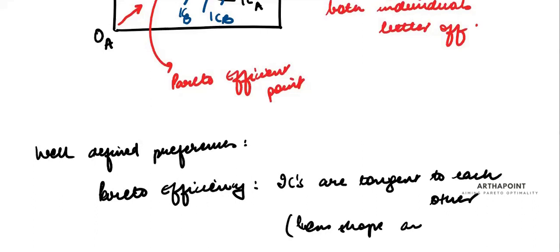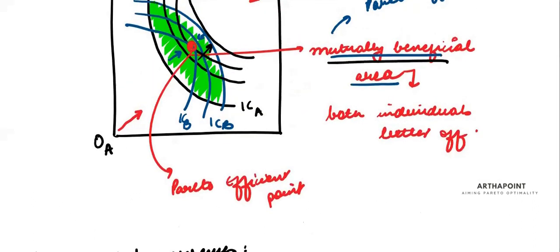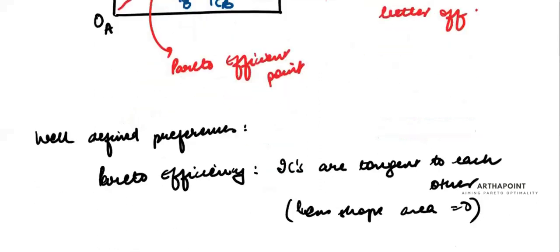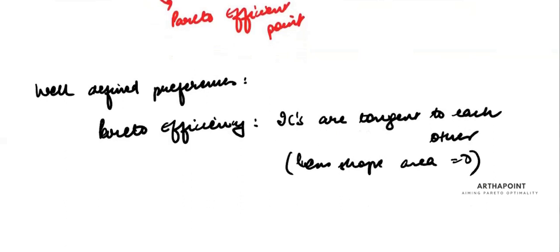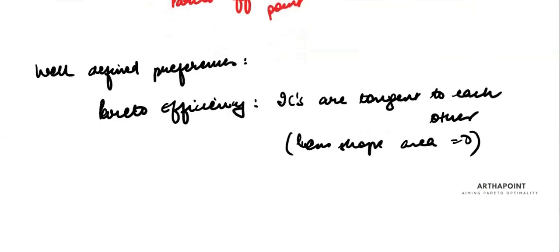Lens shape area is 0. So there is no mutually beneficial area left. Then in that case, to increase the utility of one individual, you will have to reduce the utility of the other individual. So it's a Pareto efficient point now.